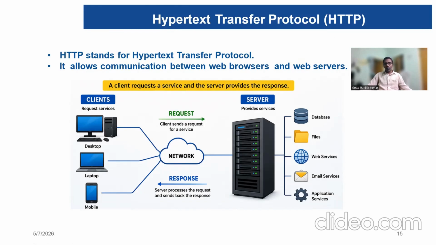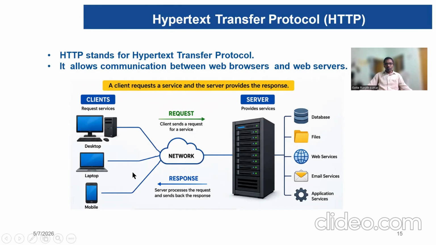That google.com is available on the server, which is located somewhere else in the world. This request will be taken by this device, where the requested website is available, and this device will respond with the requested website to the client.